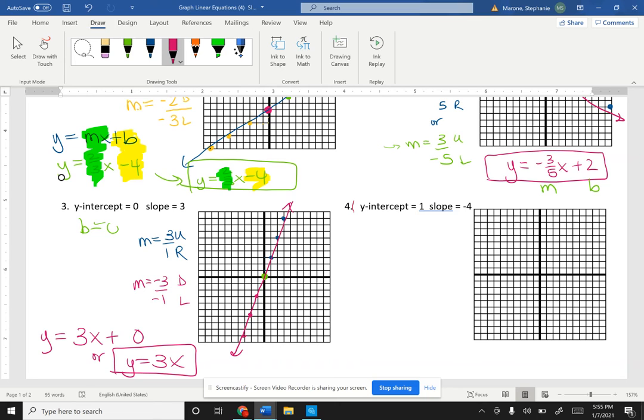Number 4, the y-intercept is 1. The slope is negative 4. Whenever we need to create a fraction, we can always put it over 1. So I'm going to go down 4 and to the right 1 from that red point. Ran out of room, so instead we're going to go up 4 and to the left 1.